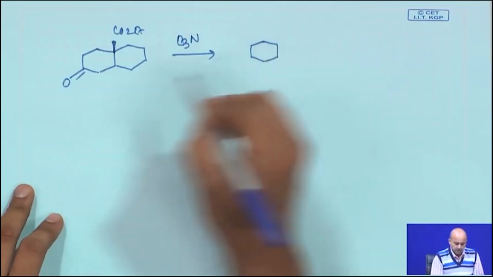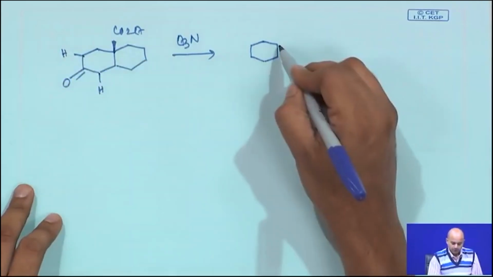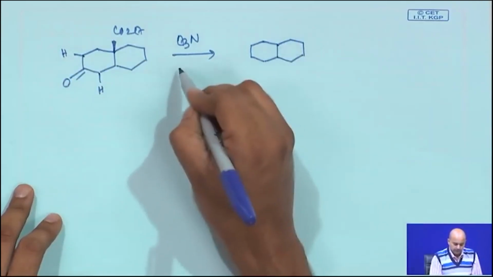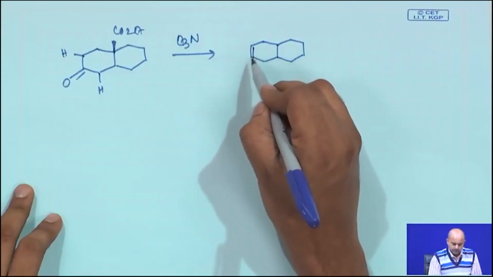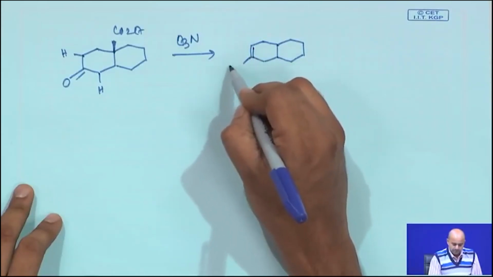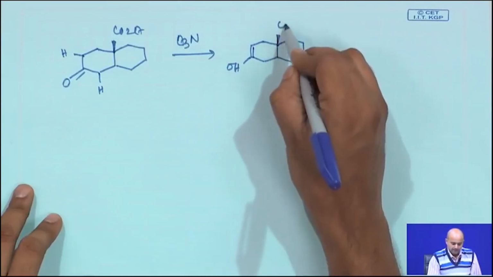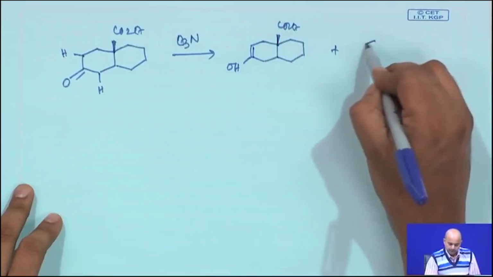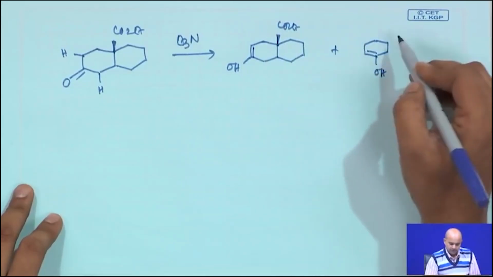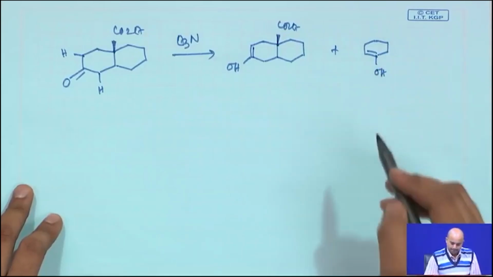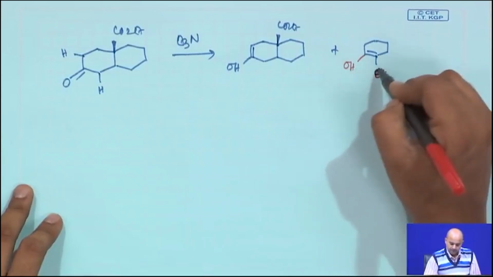Now, there is one acidic hydrogen, and this is one acidic hydrogen. So, in principle 2 enol ethers will be formed, either this enol where you have this CO2, or you may have this enol formation, sorry, yeah, the double bond is here with a hydrogen.